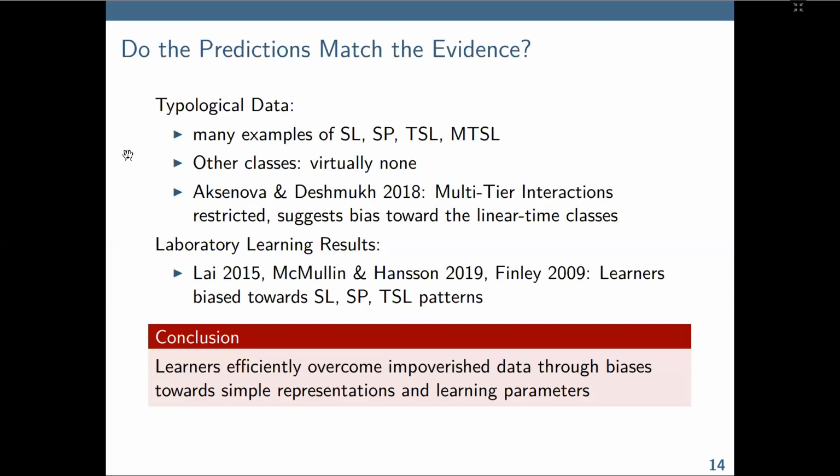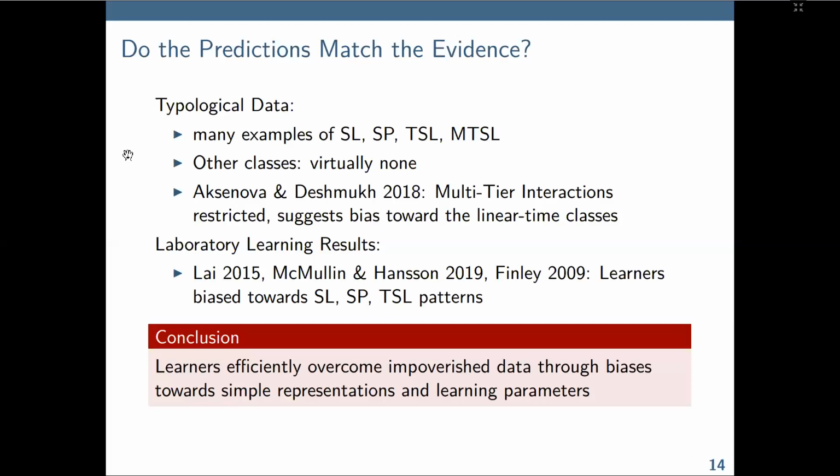All right. So maybe the typology isn't convincing to you. Maybe you'd also like some evidence from carefully constructed experiments in a laboratory. There are many results which support this. Here are several of them: a paper from Lai from 2015, McMullen and Hansen from 2019, and Finley 2009.